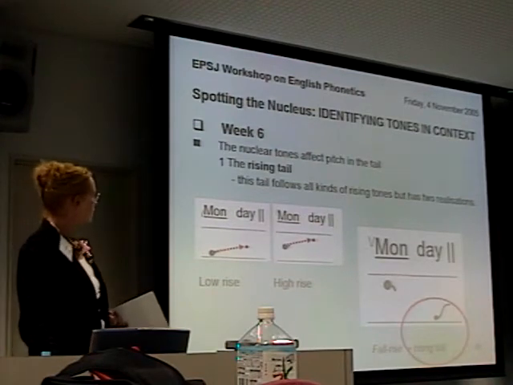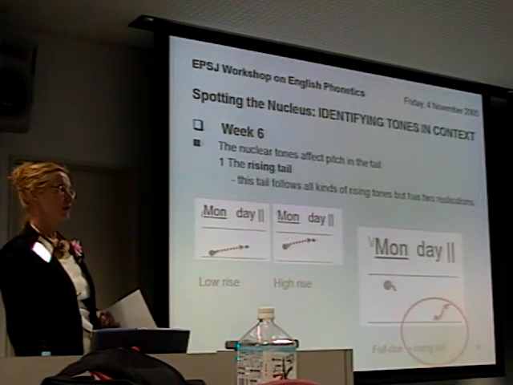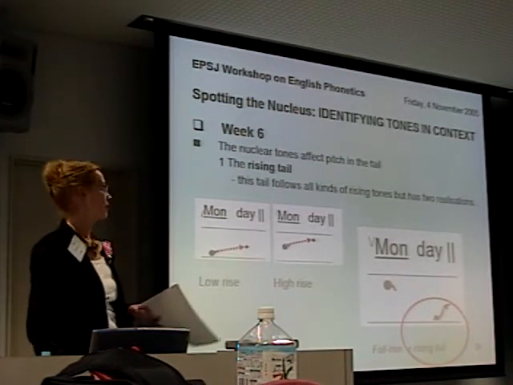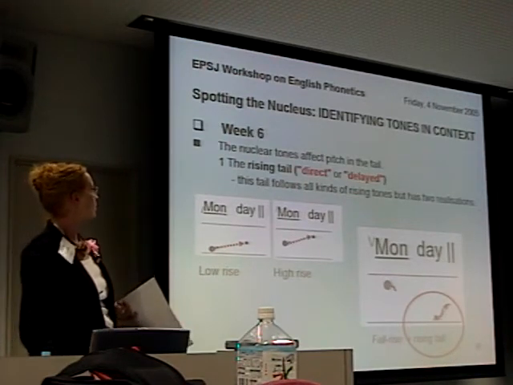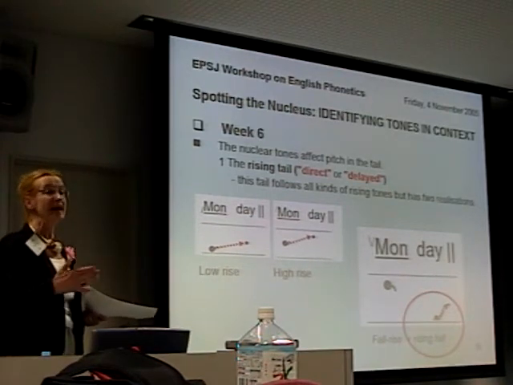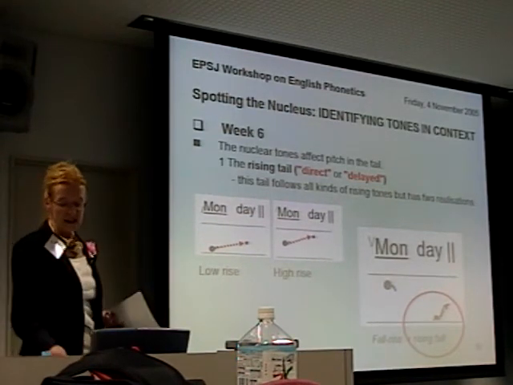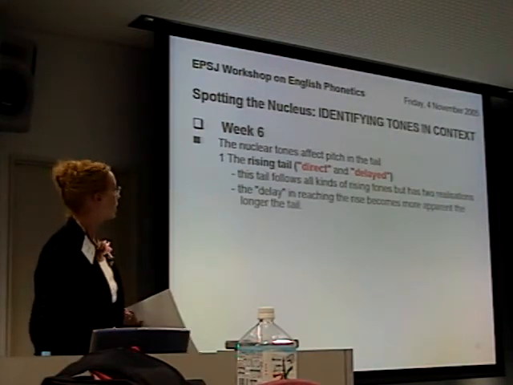And so we've still got a rising tail, but it's a rising tail with a rather different shape. We're sort of waiting to rise. And I suppose we could say that we've actually got two kinds of rising tail. We've got a direct one that goes straight there, and one that can be a bit delayed. And that delay becomes much more obvious if we look at even longer tails.